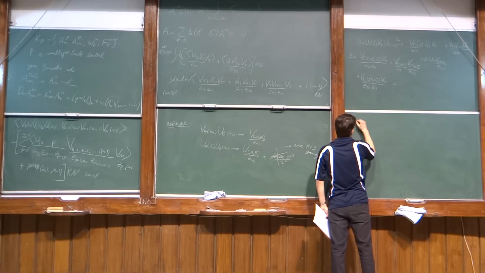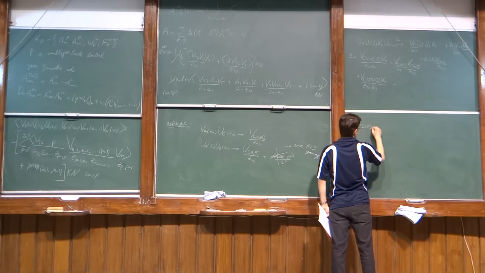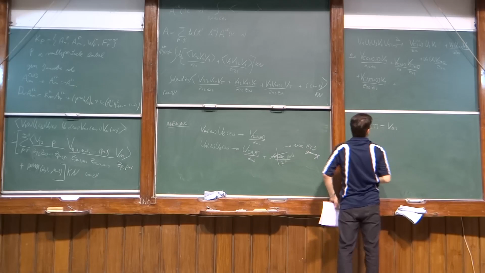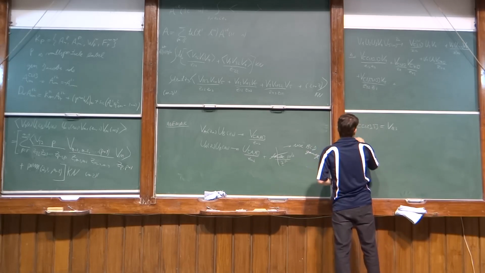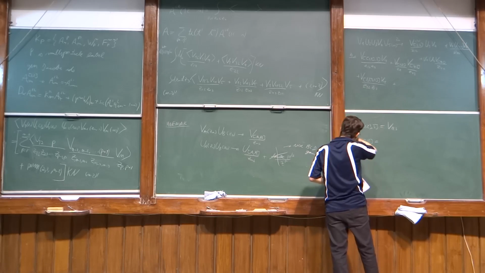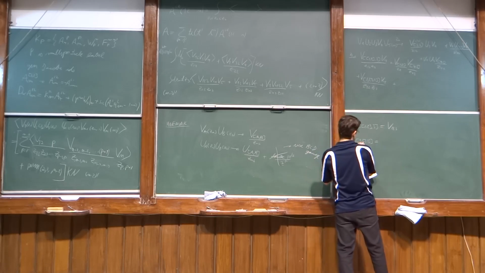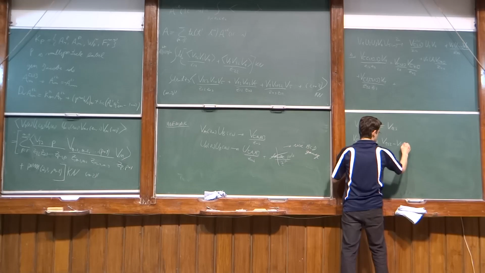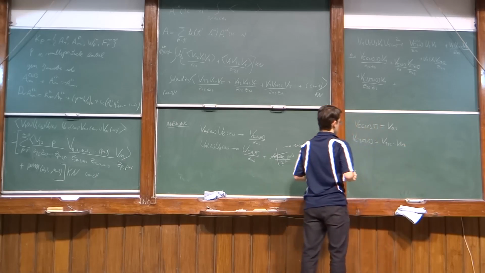So V 1, 2, 3 becomes, this is the trivial one, but V1, 3, 2, there are several ways to do this, but this one becomes 1, 3, 2 minus 1, 2, 3.